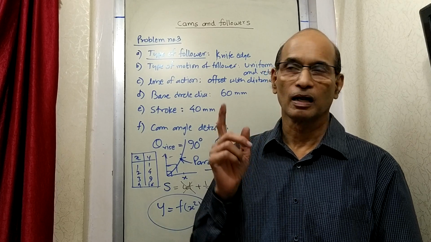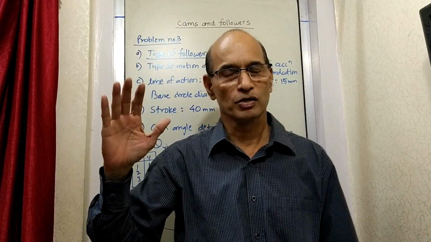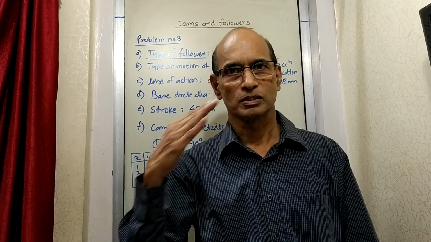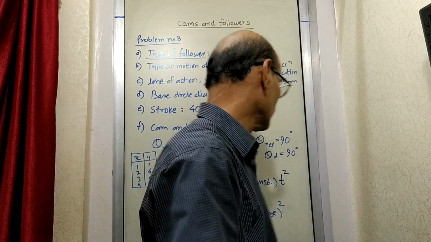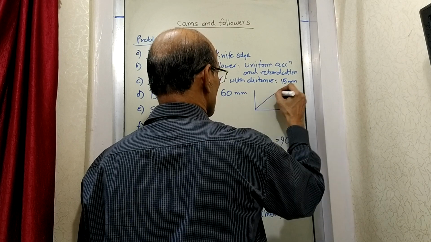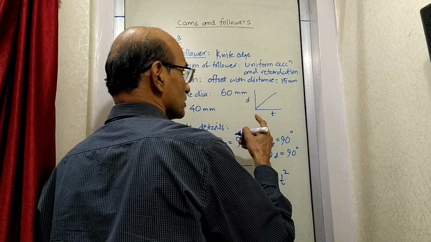So if you remember in the earlier two cases, now this is problem number 3. First problem, constant velocity. So the displacement versus time curve was like this straight line. I'll just repeat what was done earlier. This was the displacement versus time curve for the first case.